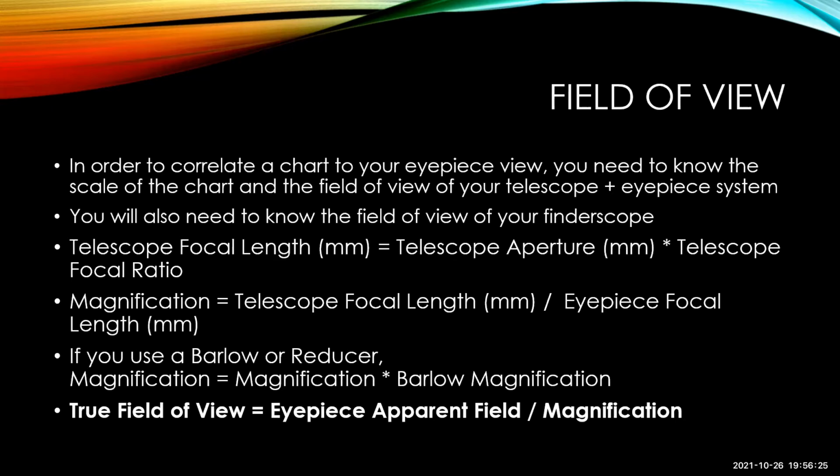Some orthoscopic eyepieces are 45 to 50, plus a eyepiece is around 50. Some of the wider field ones, I use something called a wide field that was produced by Teleview many years ago. It's a 65 to 68 degree eyepiece.